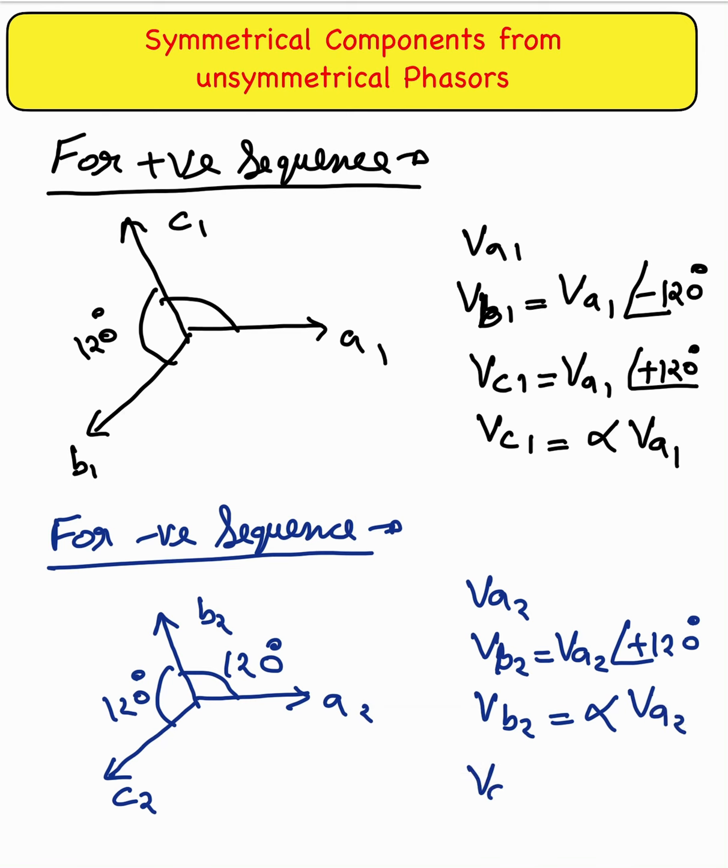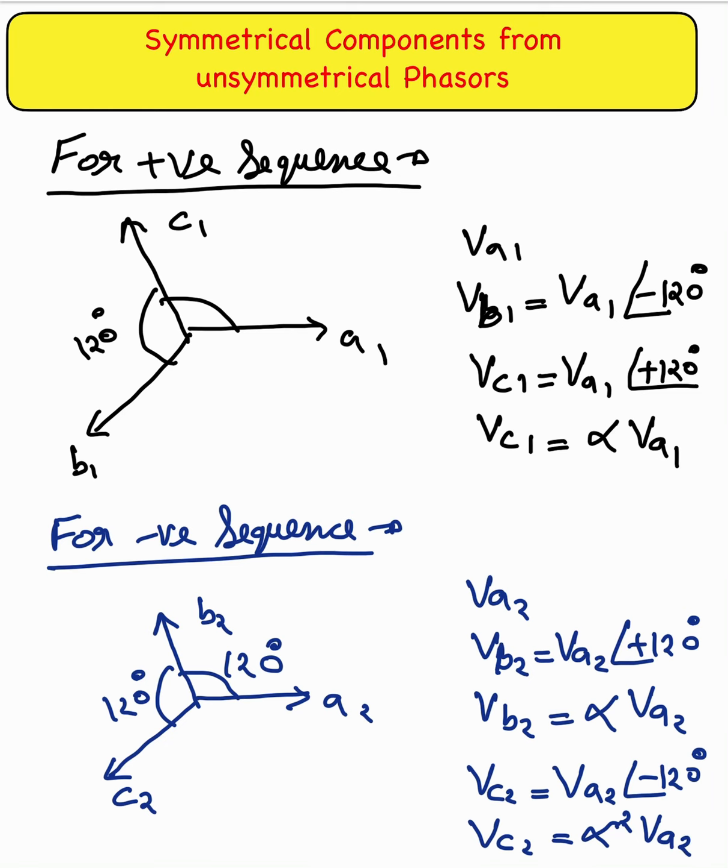And VC2 is VA2 with an angle of minus 120 degrees, which is alpha square, or VA2 angle plus 240 degrees. So that is alpha square VA2.